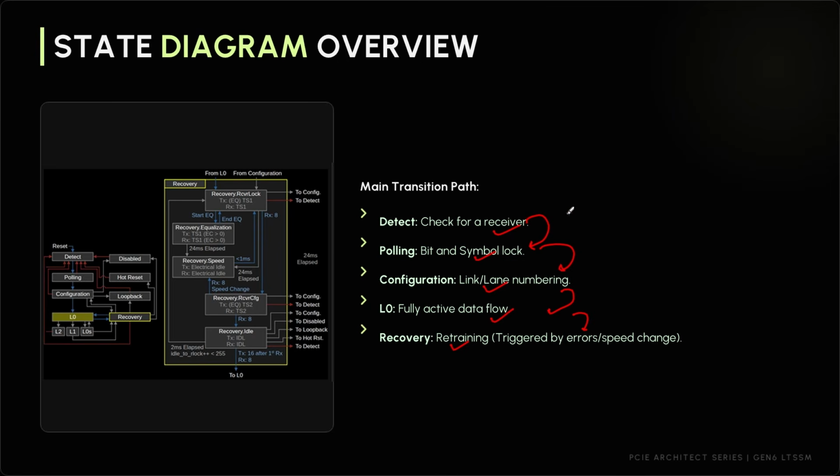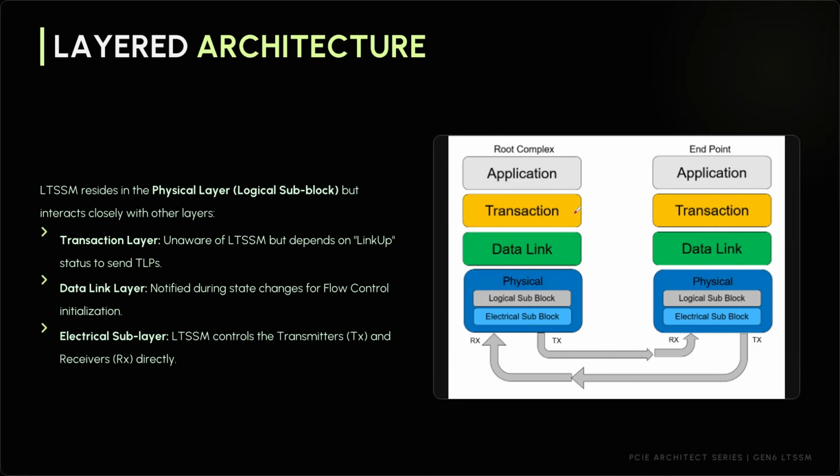Before understanding each state, let's see where LTSSM actually resides inside the PCIe architecture. PCIe consists of three major layers: the transaction layer, the data link layer, and the physical layer. LTSSM resides inside the physical layer. The transaction layer's task is just to send the TLPs.